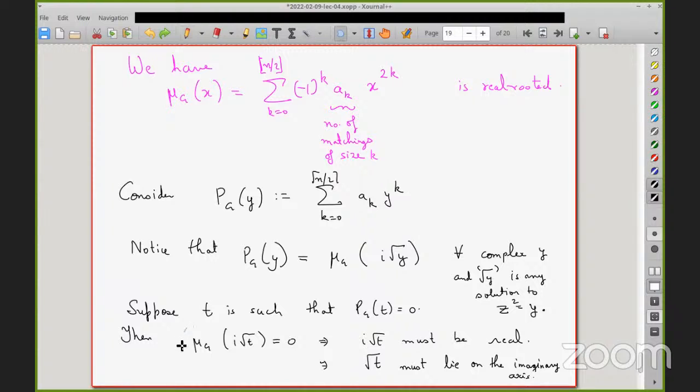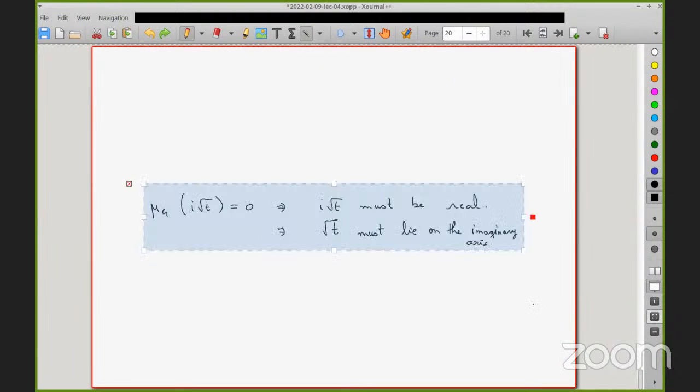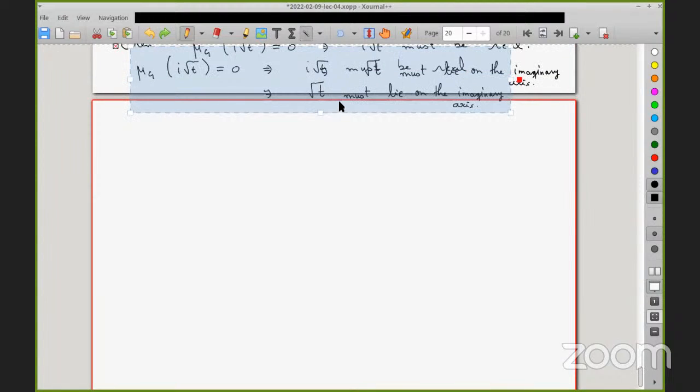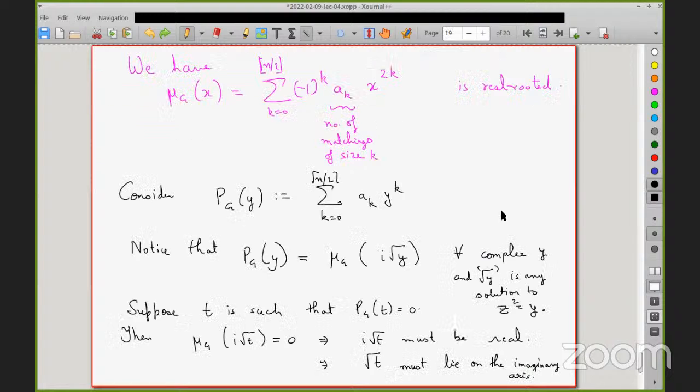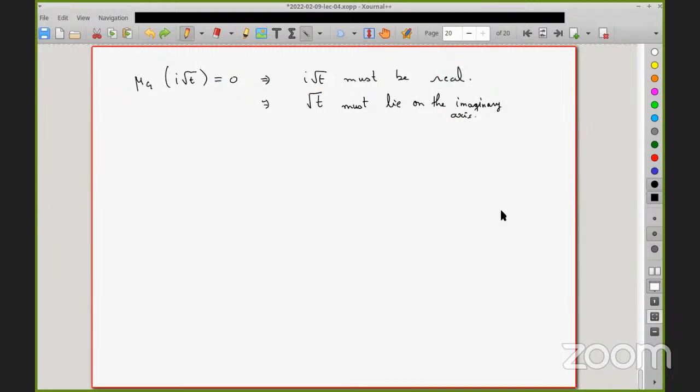Okay, so is this fine? We have this much. So the square root of t must lie on the imaginary axis.